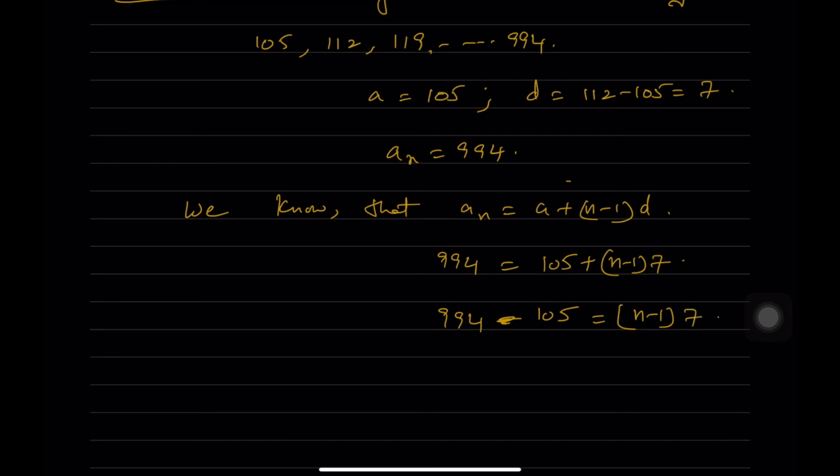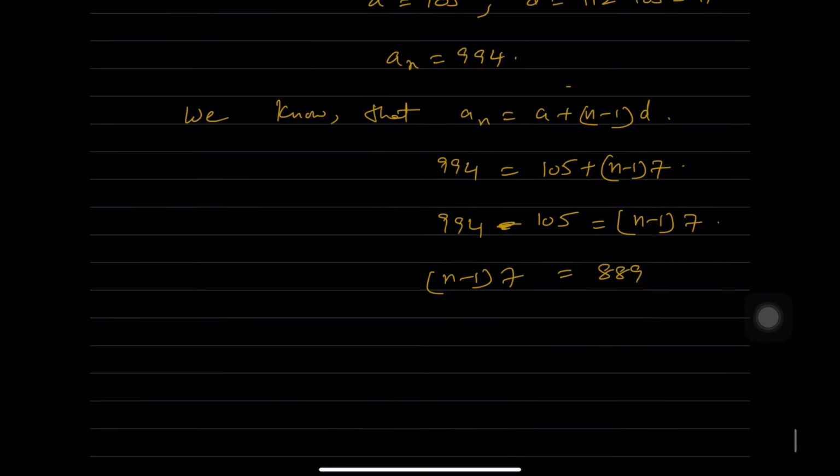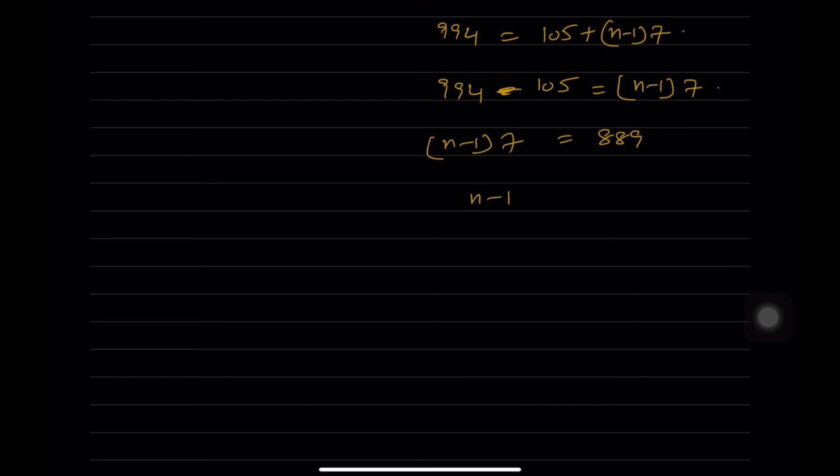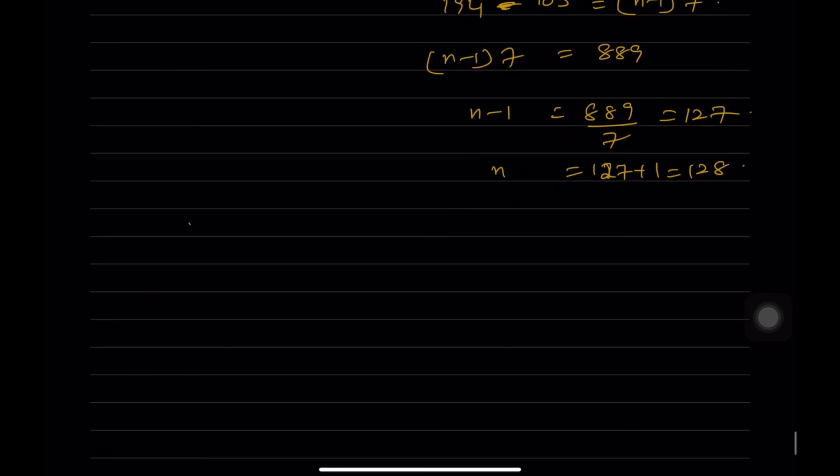So n minus 1 into 7 is equal to 889. Therefore n minus 1 is equal to 889 divided by 7, which is equal to 127. So n is equal to 127 plus 1, which is equal to 128. Hence 128 3-digit numbers are divisible by 7.